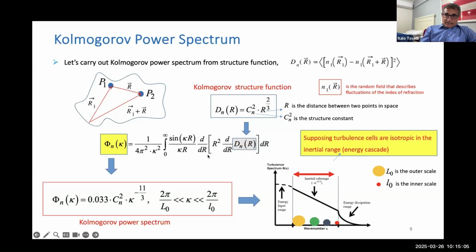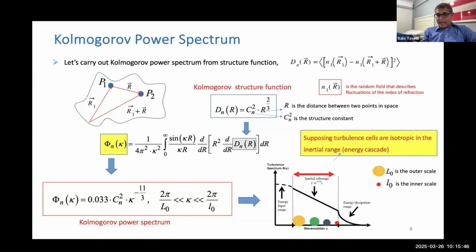In case of homogeneity and isotropy, your Fourier transform, well, a little bit more than a Fourier transform, but basically it's a Fourier transform, you can obtain the Kolmogorov power spectrum, which is this typical well-known power spectrum, 0.033 Cn squared kappa to the minus 11/3. 11/3 is the magic power law that Kolmogorov was able to understand using dimensional analysis, okay? And that is the range that we are going to focus on in our calculation.